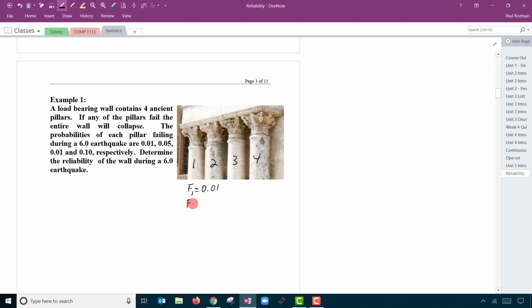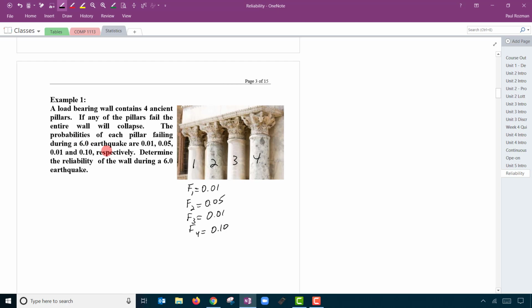And the failure probability of column 2 is 5%. They told us the probability of column 3 failing is 1%, and the failure probability of column 4 is given at 10%. Somehow they examined these columns and were able to determine these probabilities under some certain conditions, like there's going to be an earthquake.